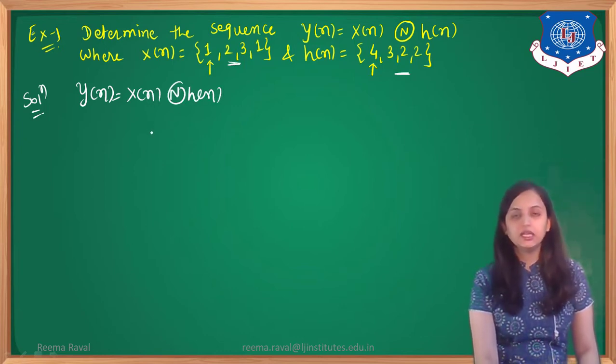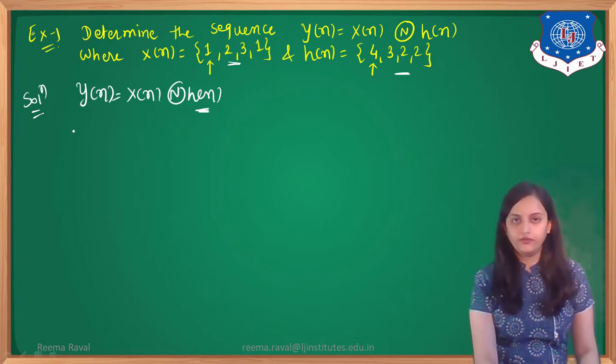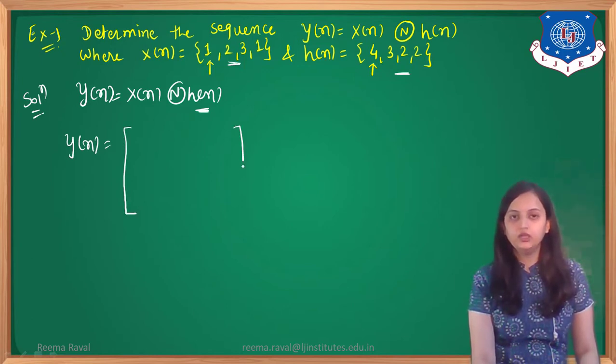Now as we have seen in the above matrix, the h of n values are to be circulated and multiplied with x of n to get y of n. So y of n will be equal to the 4 cross 4 matrix of h of n values multiplied with x of n. Here h of n is 4, 3, 2, 2, so we'll write down the first column as 4, 3, 2, 2.